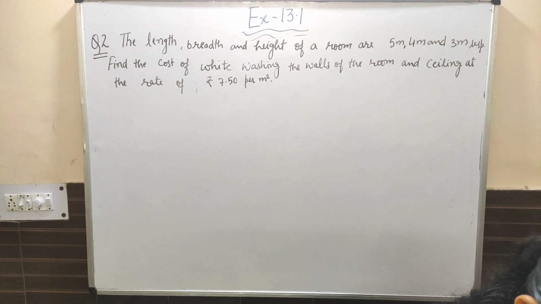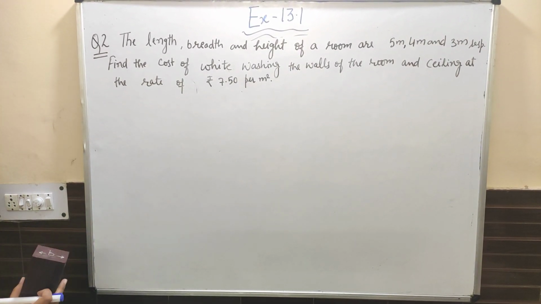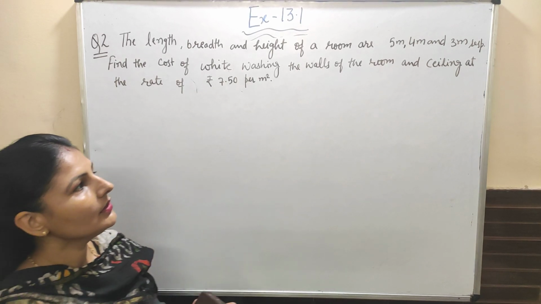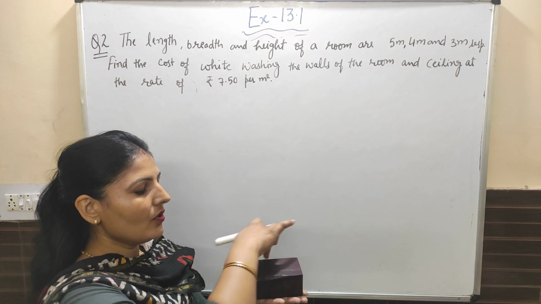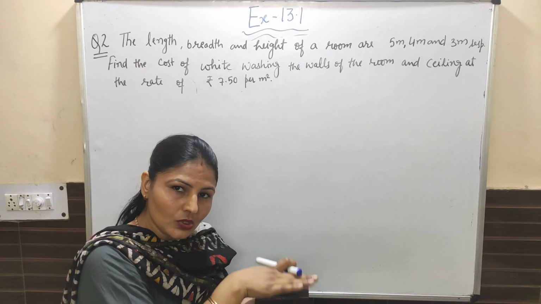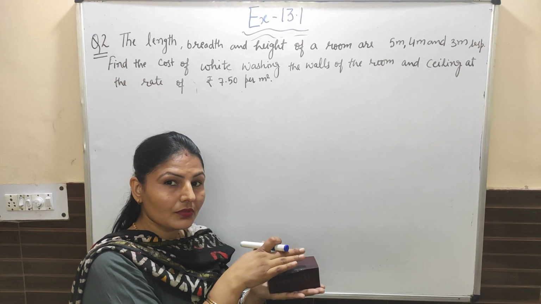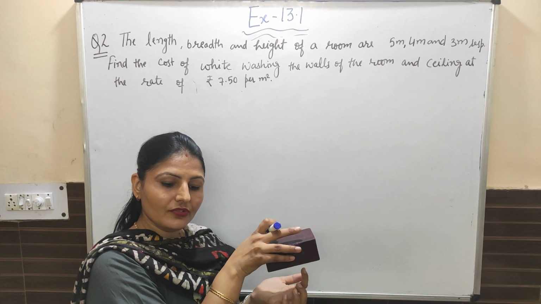Now in this second question we are given area of 4 walls and area of ceiling, means area of top of the cuboid. It means we have to remove which area? Area of bottom.